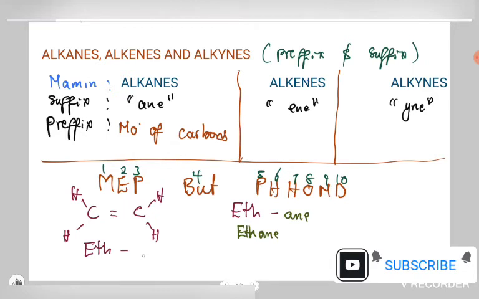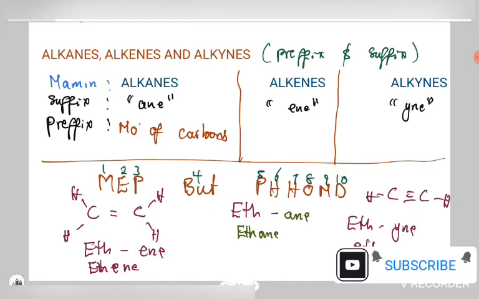And what is the suffix? It's "ene". So what's the full name? Ethene. The last one, we said that the bond is going to be a triple bond, between the carbons, with H and H. The prefix is eth, the suffix is "yne". So this is going to be ethyne, right?